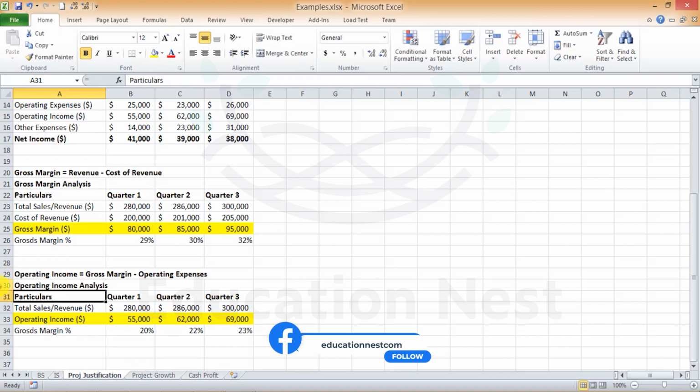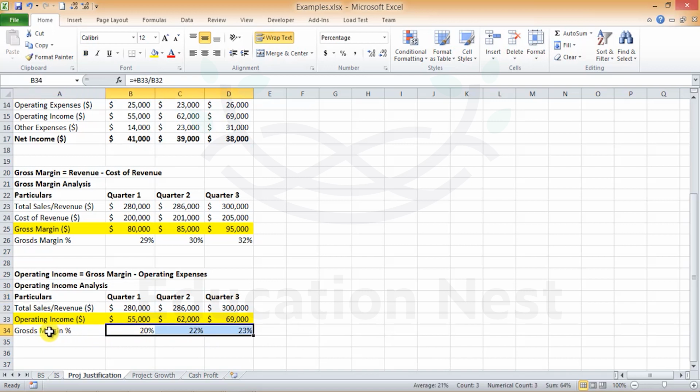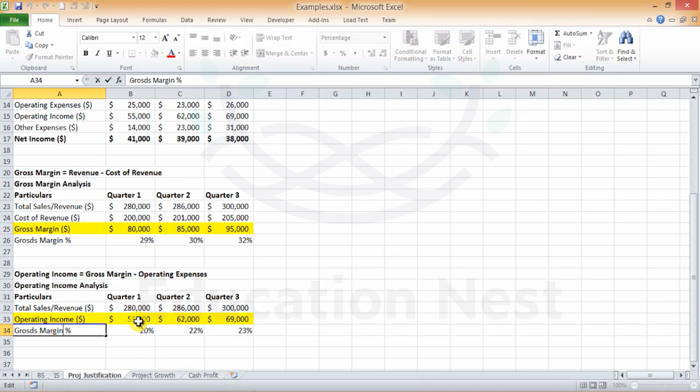So based on this analysis, we can say that the operating income percentage is also increasing on a quarter by quarter basis. So even operating expenses are not a reason for the decrease in the net profit of the project. Okay, so that's how these computations come in handy.